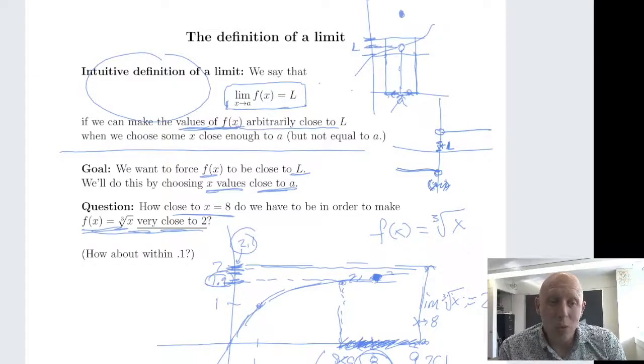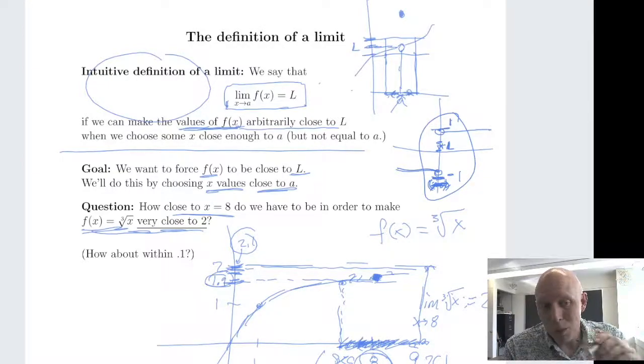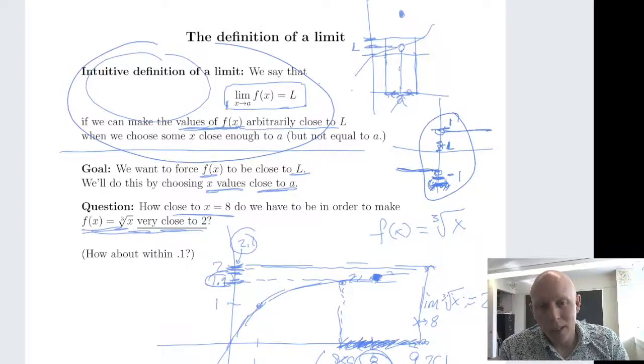And it's not true, because all function values will lie between -1 and 1 for any interval around 0. And so whenever you have this jump discontinuity, this definition isn't going to work, because it's not going to be possible to get within a small distance of the limit.